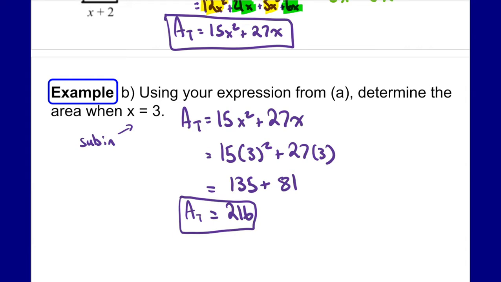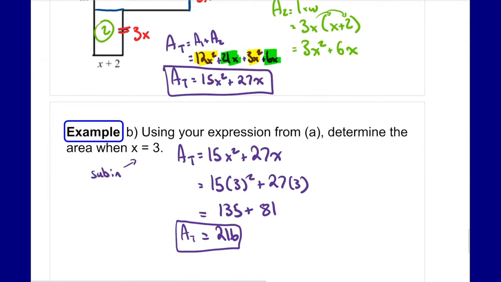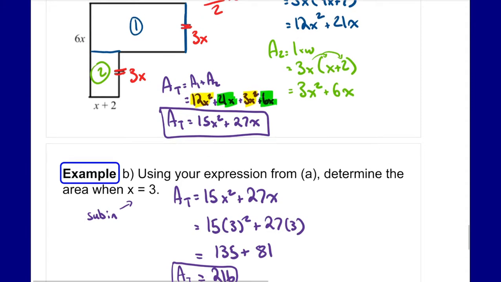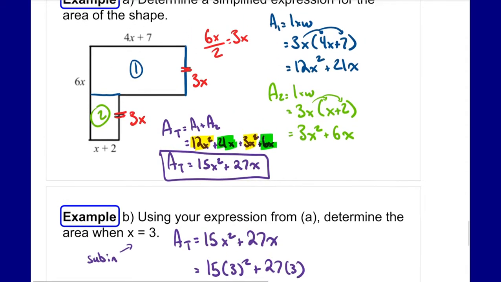As I mentioned previously in another lesson, if you weren't sure how to come up with a simplified expression, but you saw to find the area when x equals 3, you can plug x equals 3 back into each side length and then work through it to find the area. You'll still get the same area. The only reason we come up with a simplified expression is if we have a different answer for what x equals.